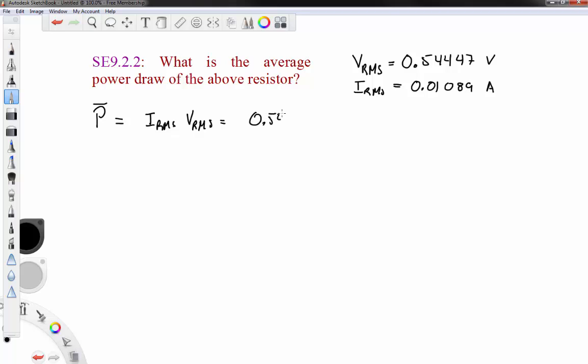So we'd have 0.5447 volts times 0.01089 amps, and so what we end up getting is 0.005929 watts. So that is the average power drawn by this resistor.